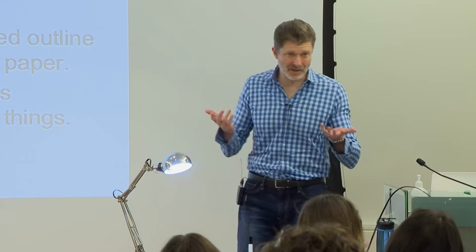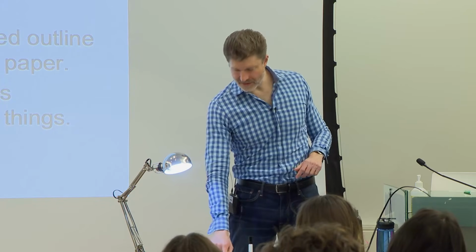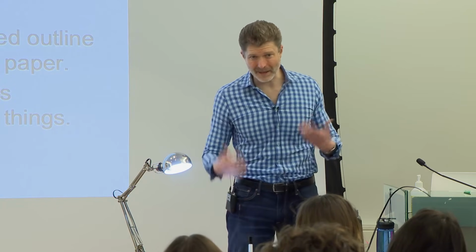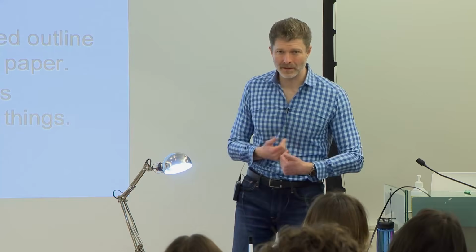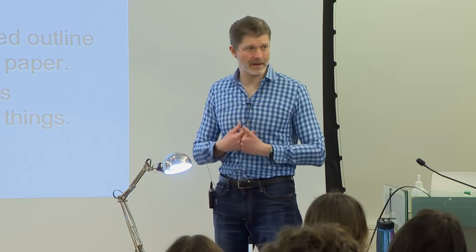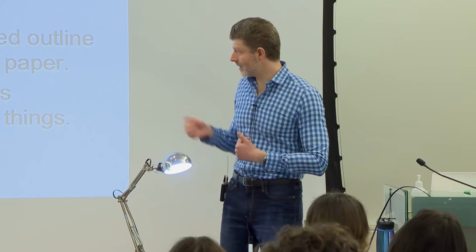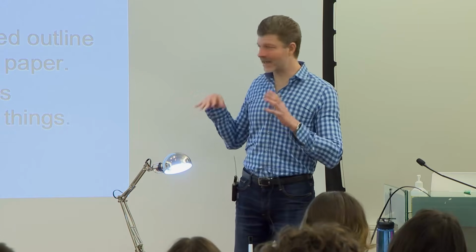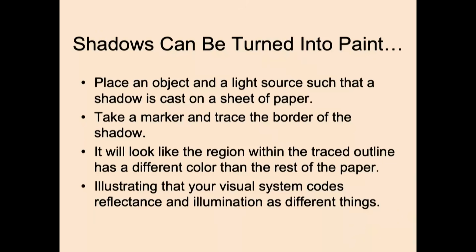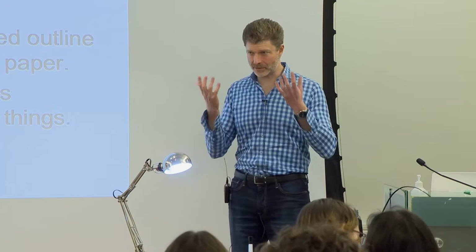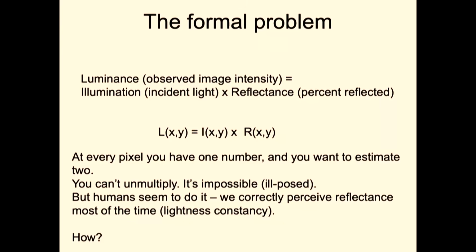The intuition is just that shadows never have these black outlines. And so when I put the black outline around it, your brain refuses to interpret that as an illumination boundary. And so the point here is that this is going to illustrate that your visual system codes reflectance and illumination as very different things. More evidence that you actually estimate reflectance.